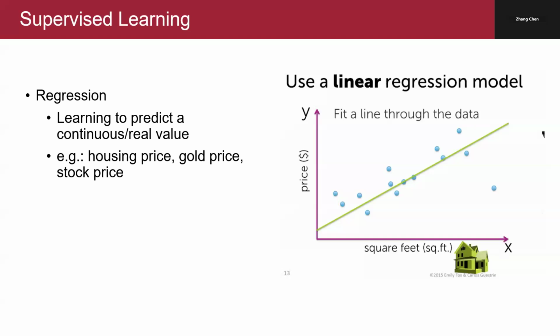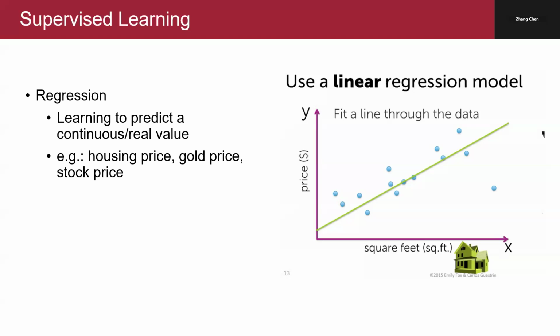The idea is to fit a line. We can find a line going through the data points that best captures the relation between the input and output. In the figure here, you can see that the input is house size measured in square feet, and the output is the price.